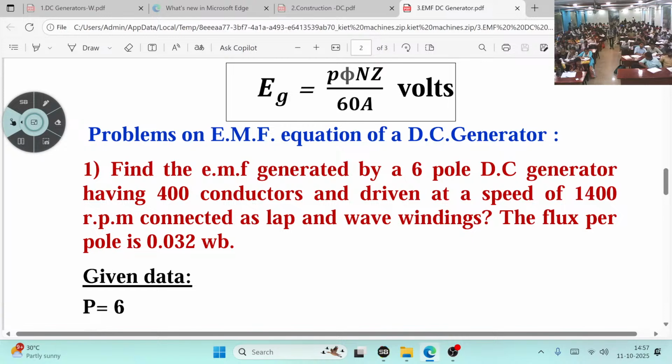The flux per pole is 0.032 Webers. From the question, write down the given data.